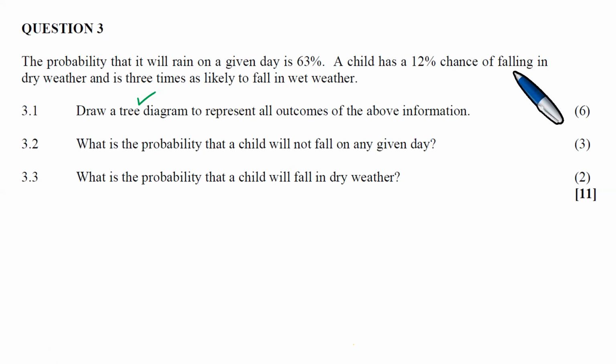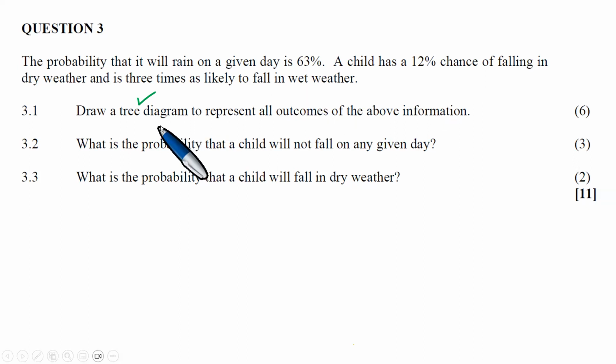So if the sun is out, the child has a 12% chance of falling, but is three times as likely to fall in wet weather, because the rain makes the surfaces wet.